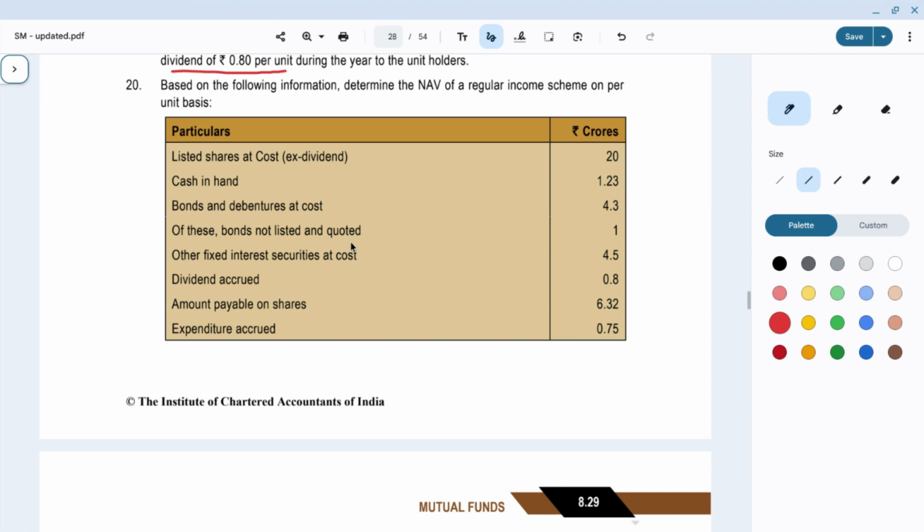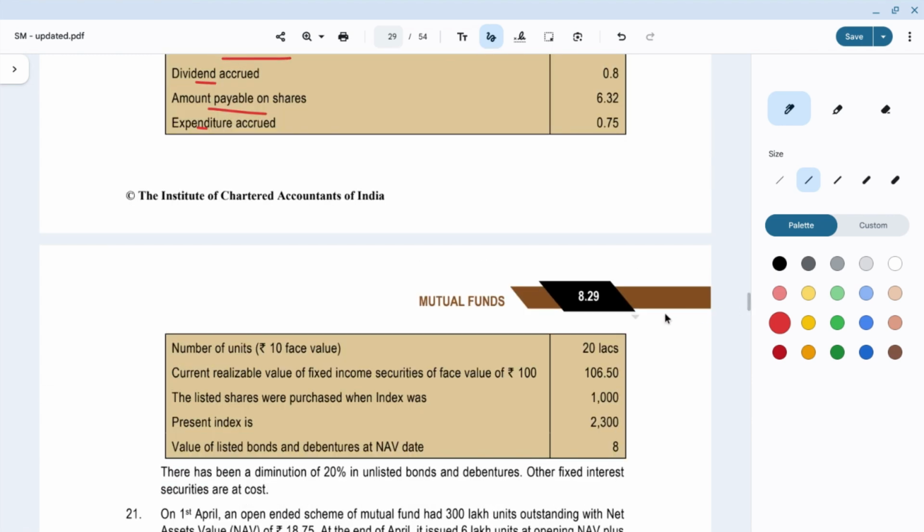Question number 20. Based on the following information, determine the NAV of a regular income scheme on per unit basis. Okay, what information is given? Listed shares at cost, that is ex-dividend, cash in hand, bonds and debentures at cost, of these bonds not listed and quoted, other fixed interest securities, dividend accrued, amount payable on shares, expenditure accrued, and number of units.